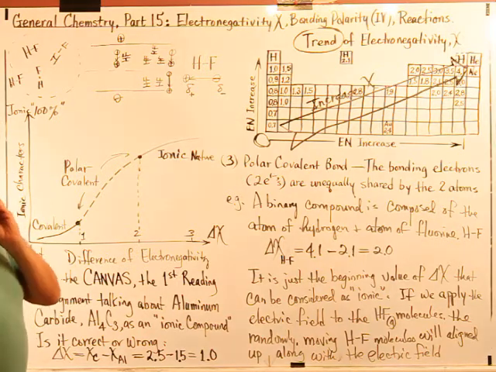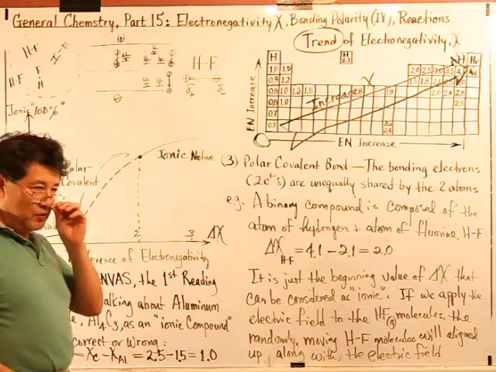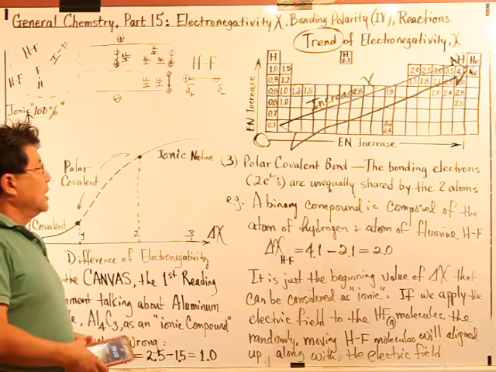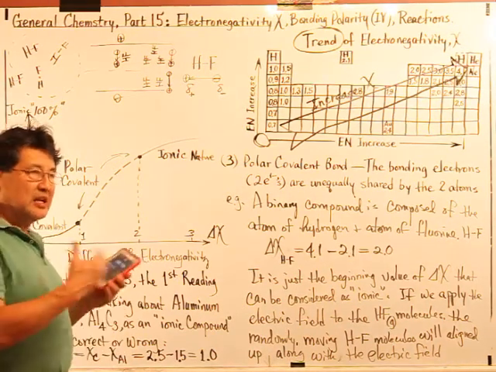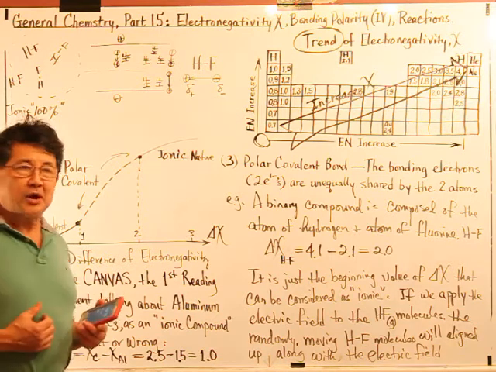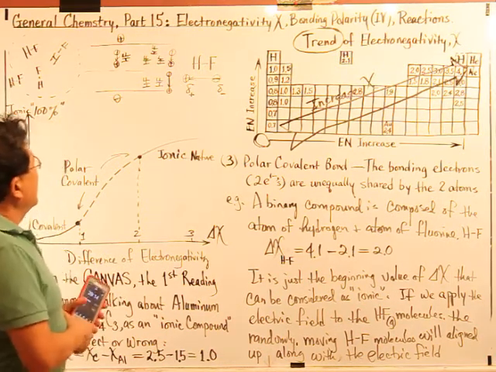Now we will talk about electronegativity for different elements in nature. They have a different ability to attract the bonding electron during bonding formation for a compound.